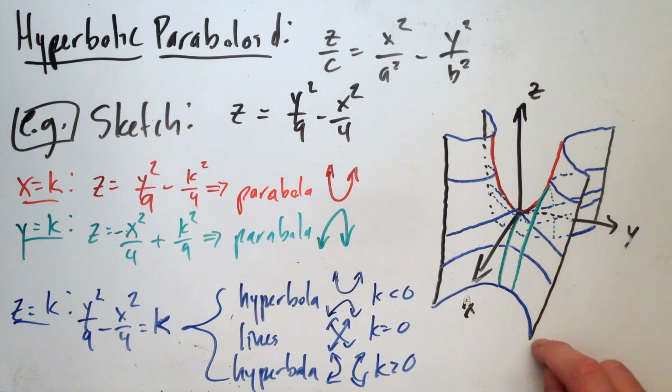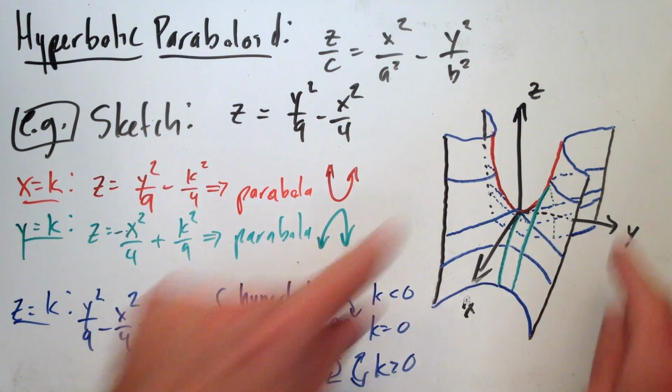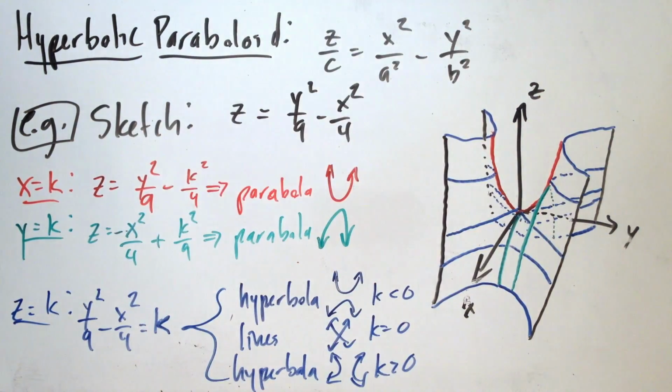So we get these hyperbolas down here that sort of bend towards x. If k is greater than 0, that is we're above the origin, then we get hyperbolas that open like this, that is towards y.